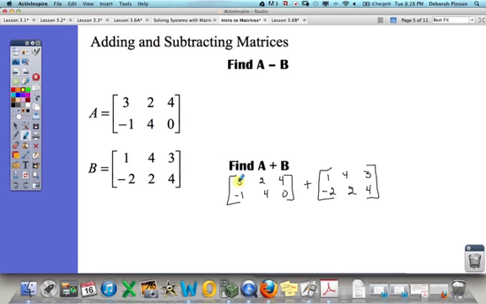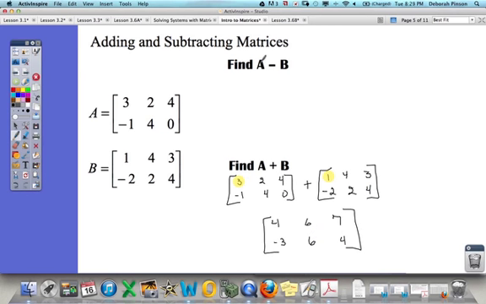So you'll add up element 1, 1 from each of them, so that's 4. And it goes in that spot in your matrix. You'll add those two, 6, 7, negative 3, I think you're getting the idea. So this is A plus B.